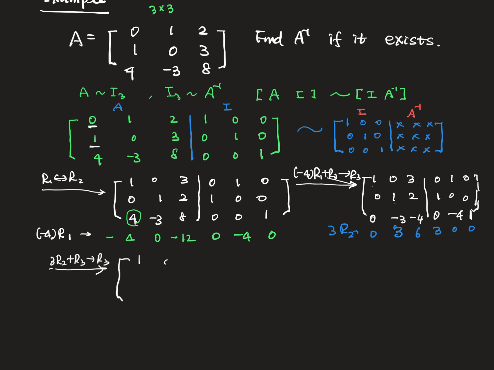Sorry, I made a mistake there. The second row is 0, 1, 2, 1, 0, 0, and the last row becomes 0, 0, 2, 3, negative 4, 1.